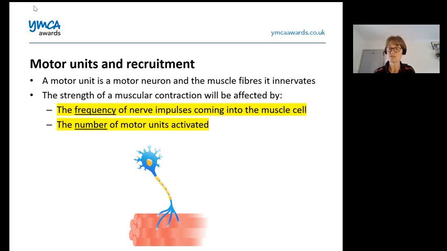For a small action, only a few motor units will be activated. But if a great deal of force is required, then the maximal number of motor units will be recruited. This often comes up: understanding that a motor unit is a neuron and the muscle fibers it innervates, and that the strength of contraction is affected by the frequency of impulses and the number of units activated.